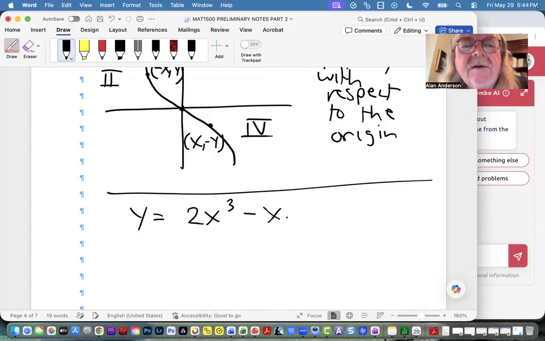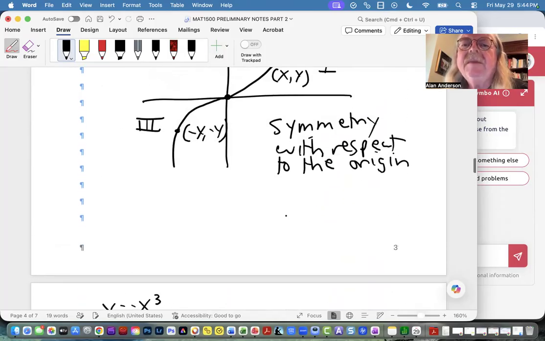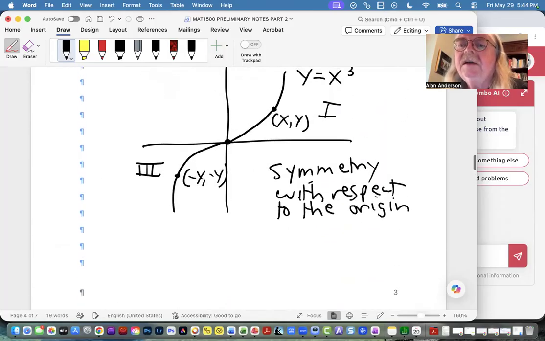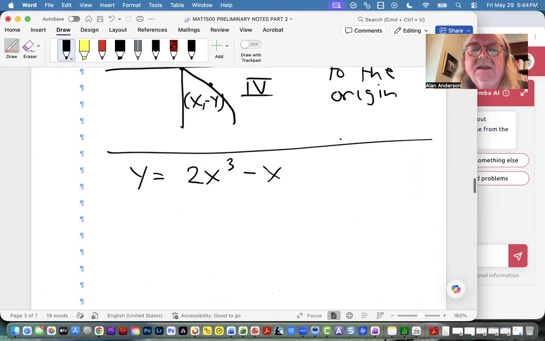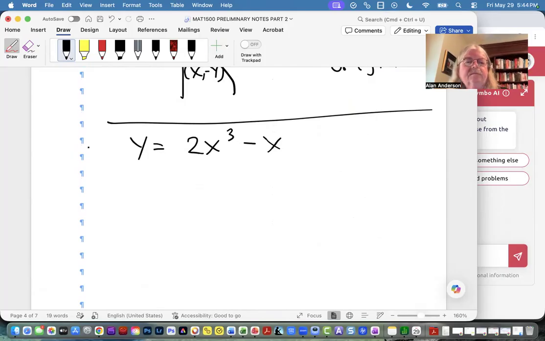So remember, now we can see from the graph that it might be symmetrical with respect to the origin, meaning that the first and third quadrants are identical to each other. Which means that for every x, y in the original function, there must also be the corresponding pair negative x, negative y. Okay. So how do we prove that?